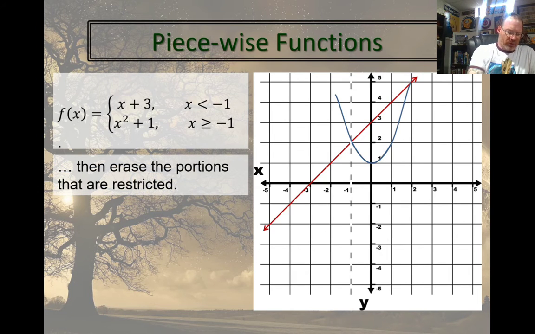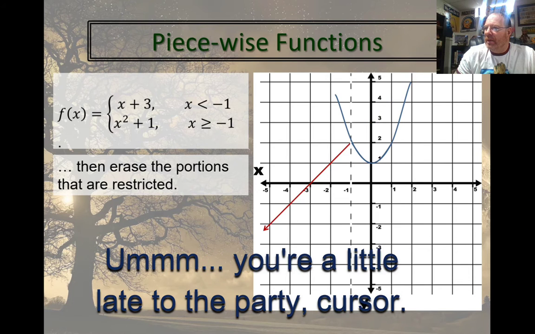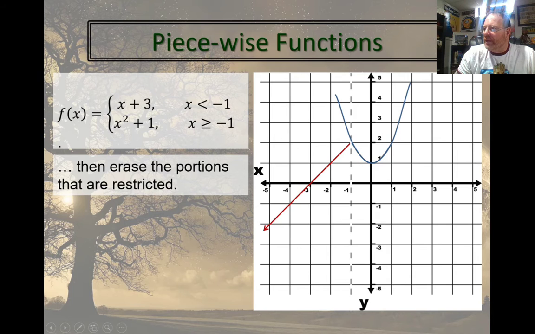Okay, so I'm using that top function for everything less than -1. So this I'm keeping, that I'm getting rid of. For the other one, I'm using x squared plus 1 for everything greater than -1. So I have to erase this piece.